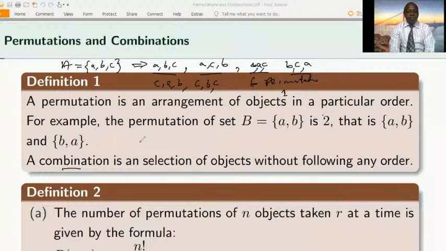So let's look at how we find permutations. For instance, how do I tell that this set has 6 permutations without necessarily having to write down the arrangements?